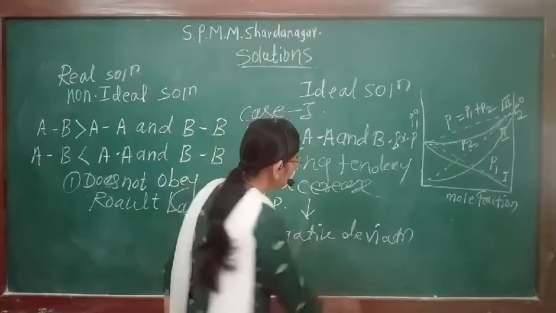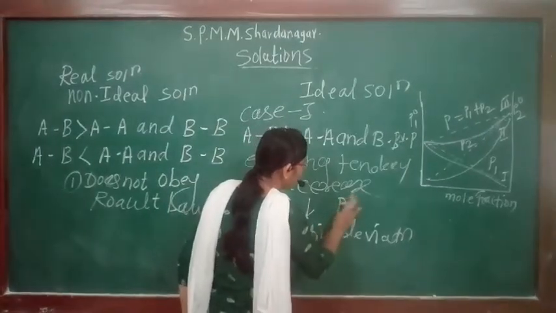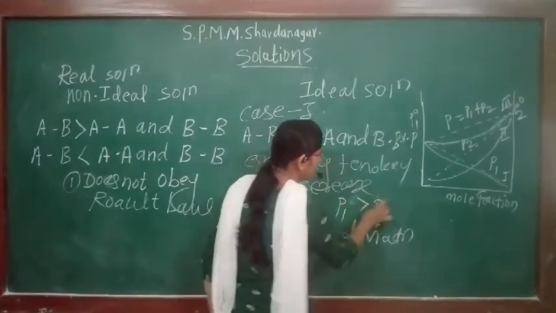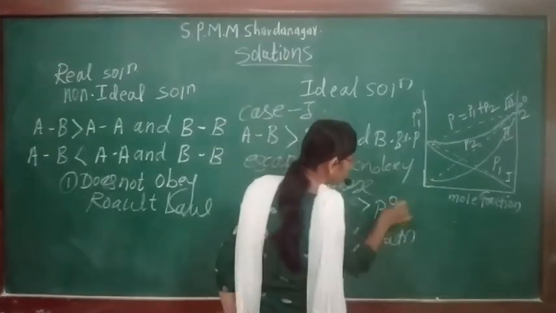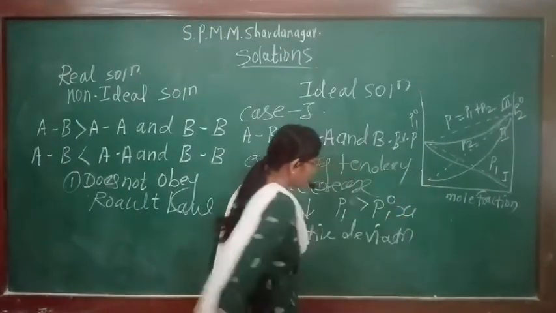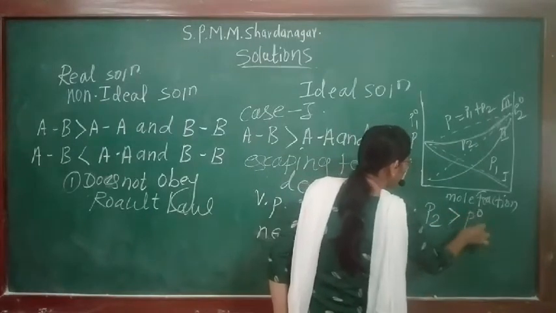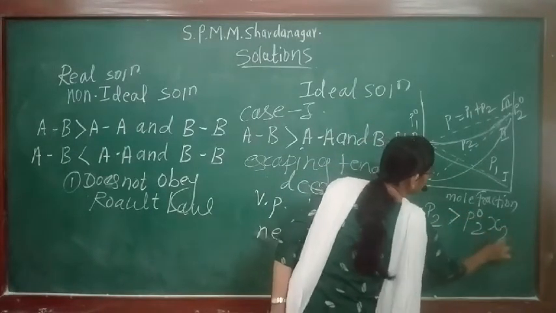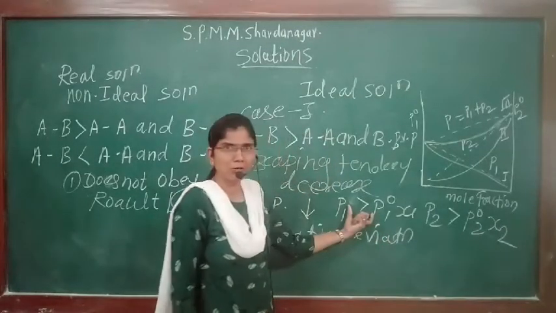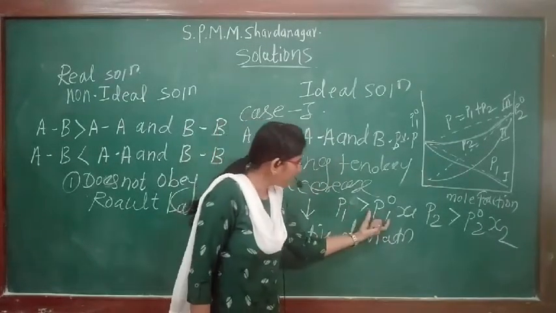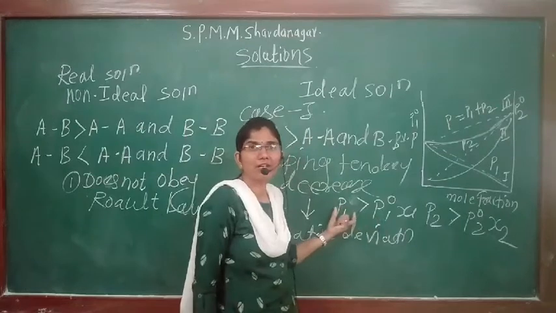That means here P1 is less than P01 x1 and P2 is less than P02 x2, because it does not obey Raoult's law. The vapor pressure is lower than the partial pressure here.